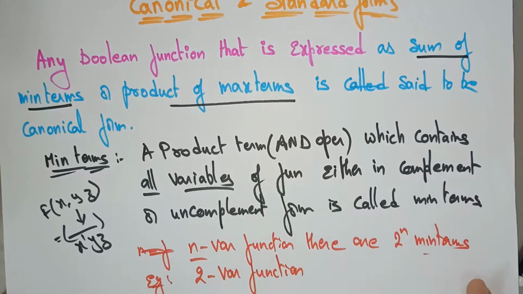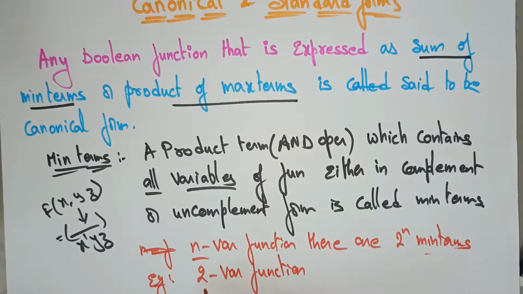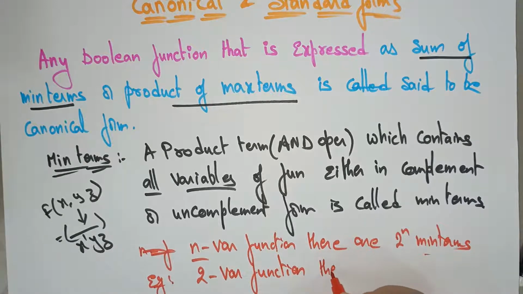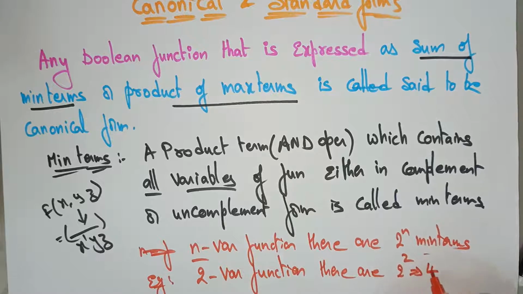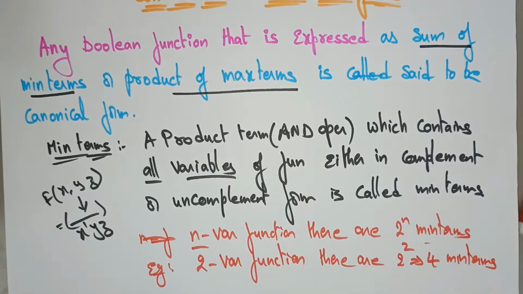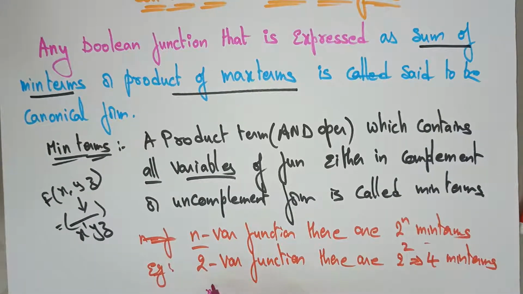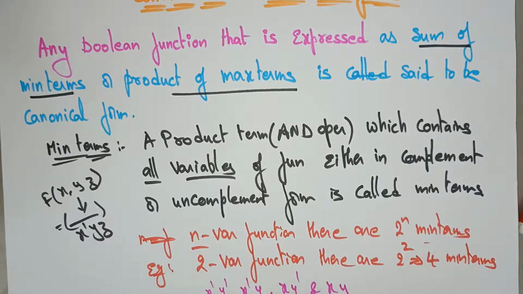If it is an n variable function, then there are 2 power n min terms. For the 2 variable function, there are 2 power 2, that means 4 min terms. So what are those 4 min terms? Let me write them. The 4 min terms are x dash y dash, x dash y, x y dash and xy.